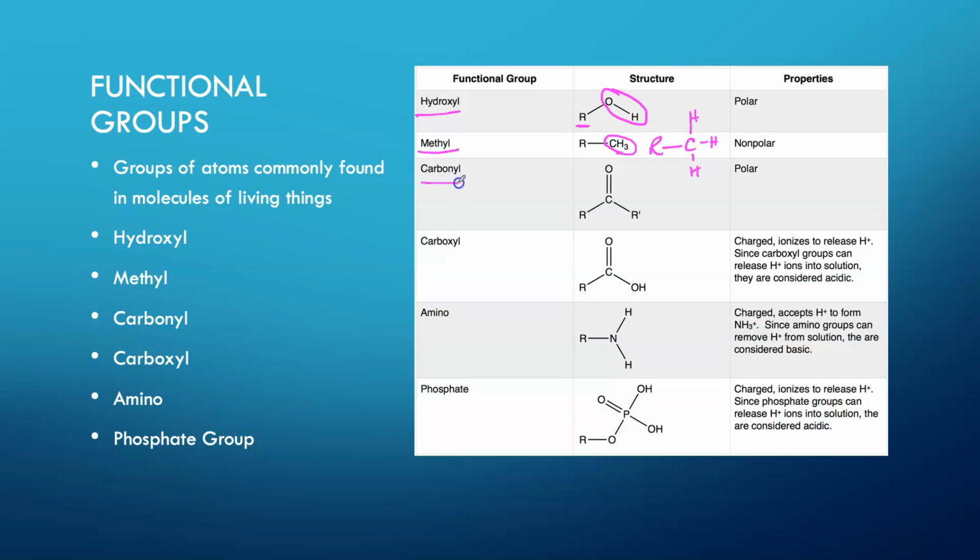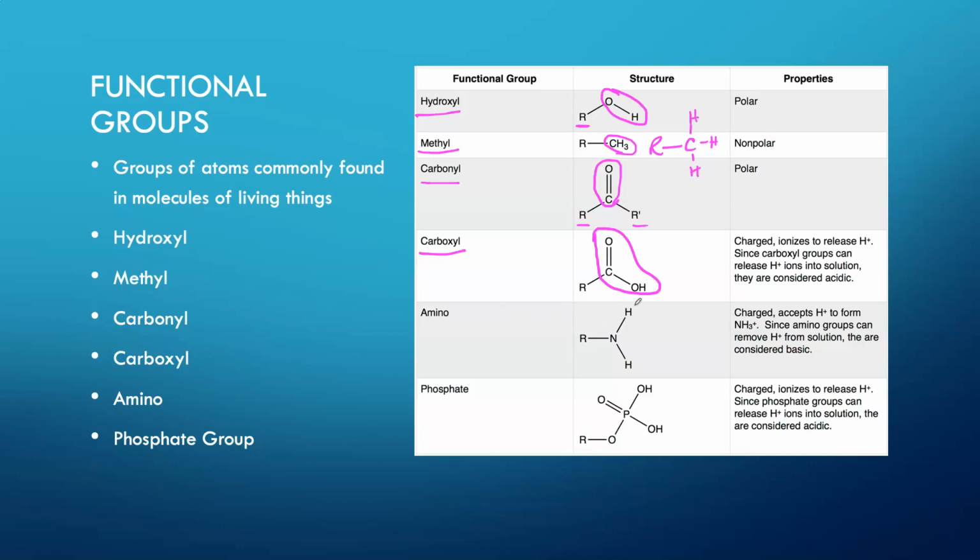A carbonyl group that we see here is a carbon double bonded to an oxygen. So remember, the R can mean anything else that's going on here, but the carbonyl part means carbon double bonded to oxygen. Now, a carboxyl group is a carbon double bonded to oxygen with another, so this OH here would be a hydroxyl, right? But the whole thing is a carboxyl group. And so we're going to see this a little later on today when we talk about amino acids.